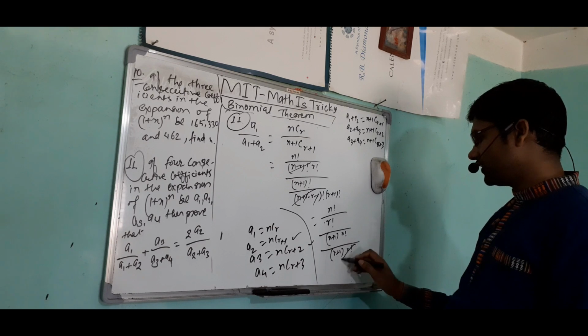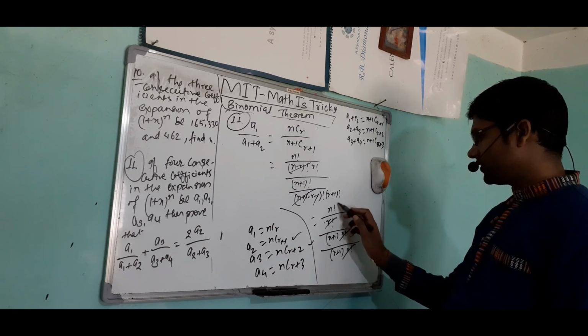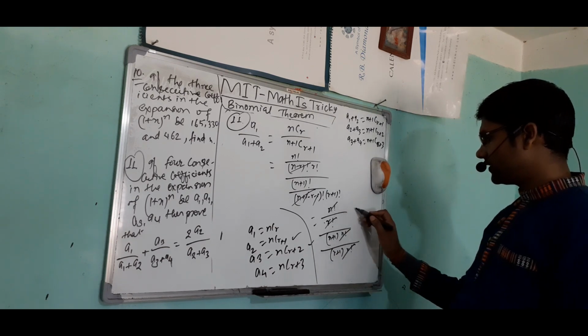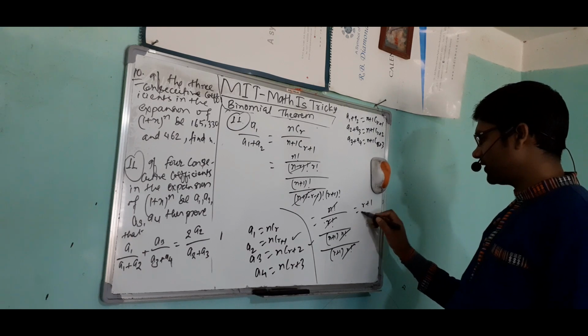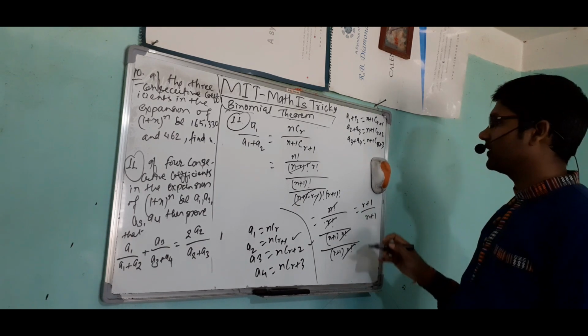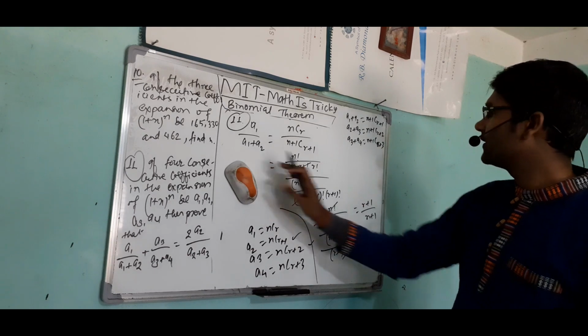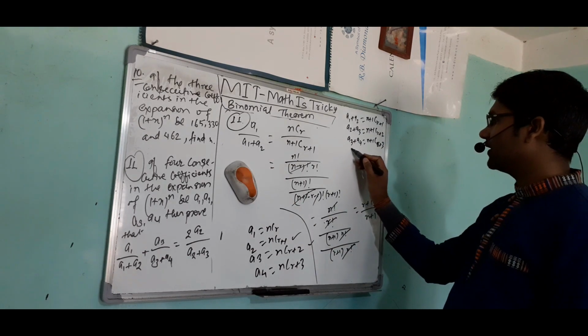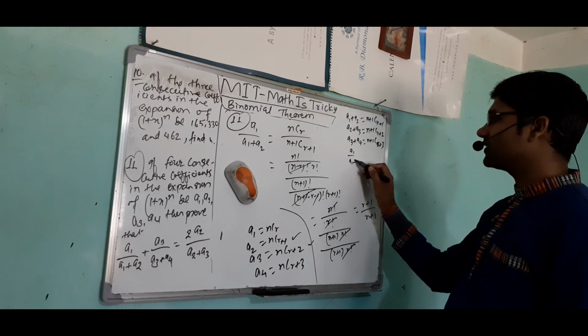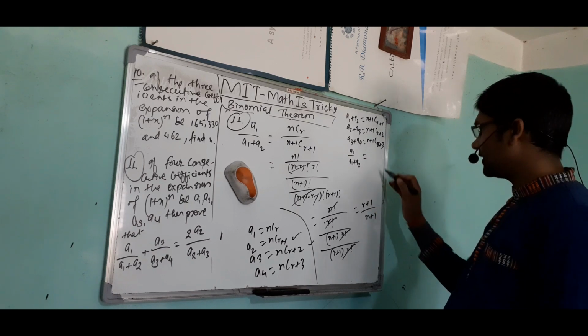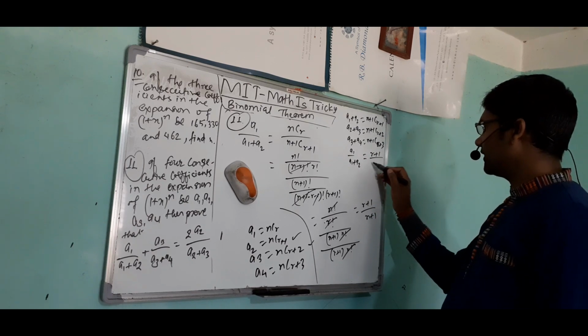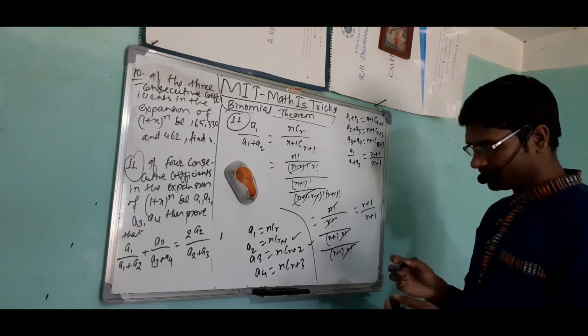We can cancel the factorials, and we get the answer as (r plus 1) by (n plus 1). It means one more result we have: a1 by a1 plus a2 is simply (r plus 1) by (n plus 1).